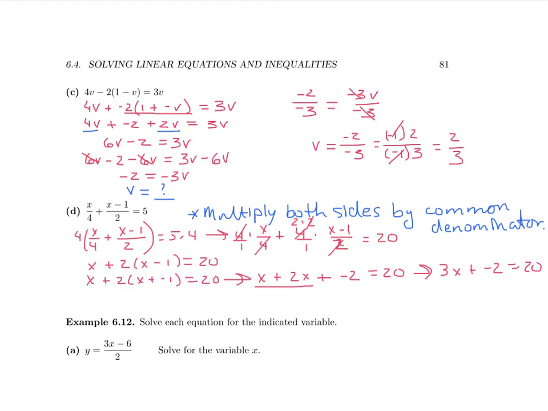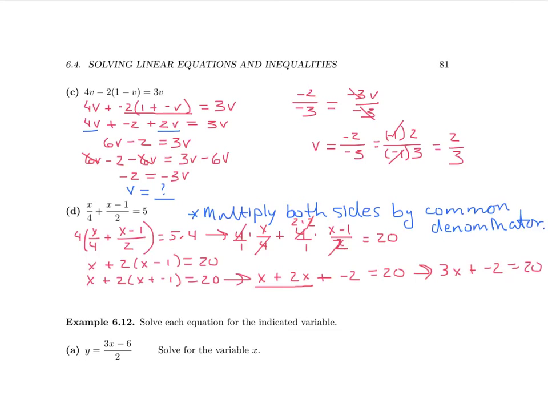So if we want to get x by itself, which is our goal, we're going to need to undo these operations right here. So currently we're adding a negative 2 and we're multiplying by 3. To get x by itself, we're going to need to do something that undoes addition of negative 2. Well, what will undo addition of negative 2?